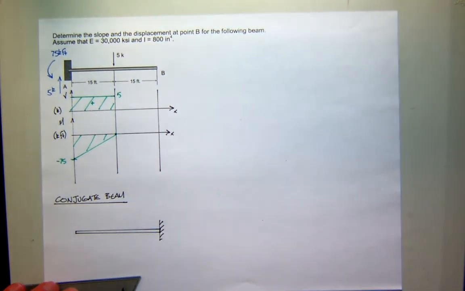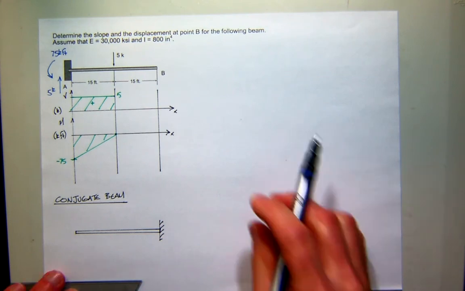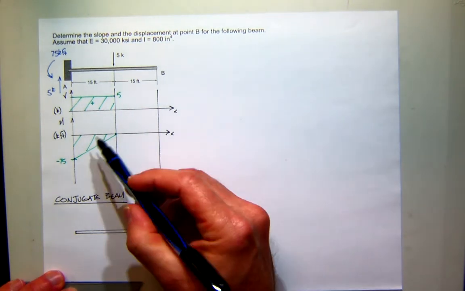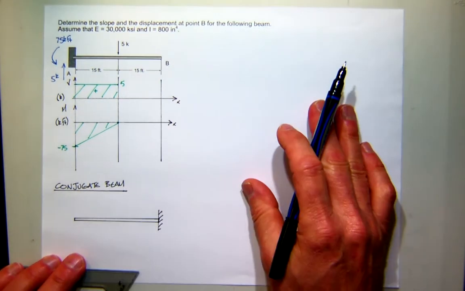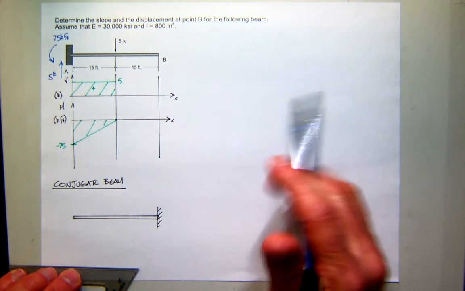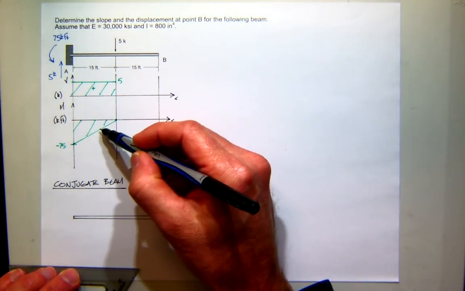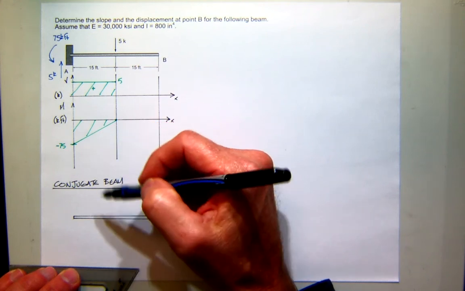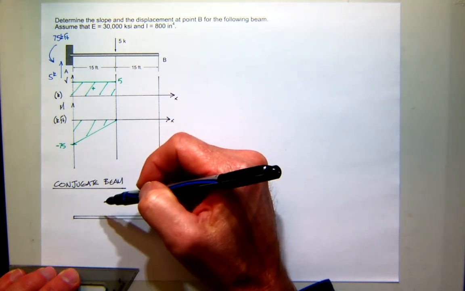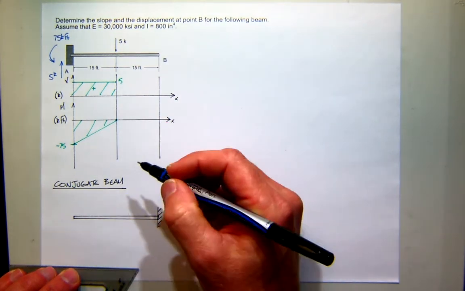Now what's the load on the conjugate beam? It's M divided by EI. So this is all negative, right? All negative moment. If we translate it as a force, is negative force up or down for us? Down.